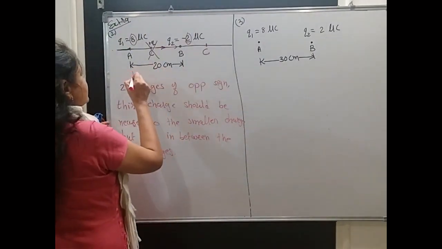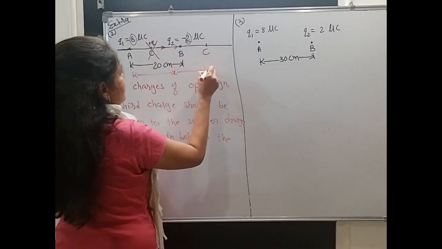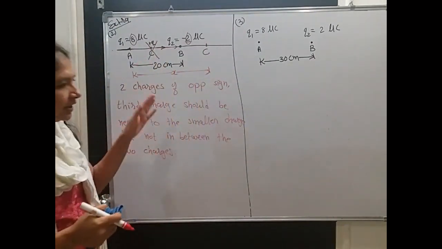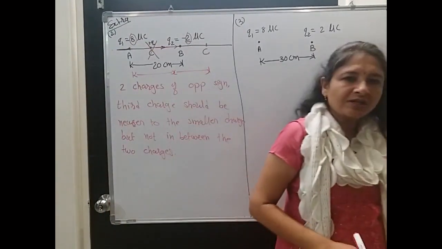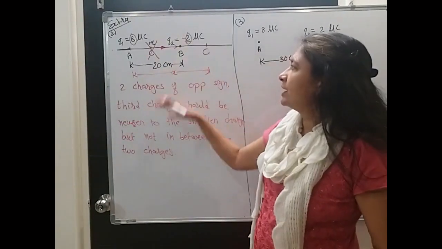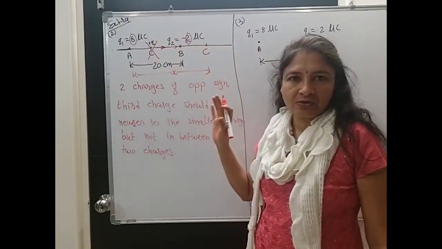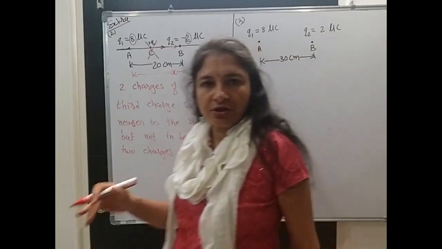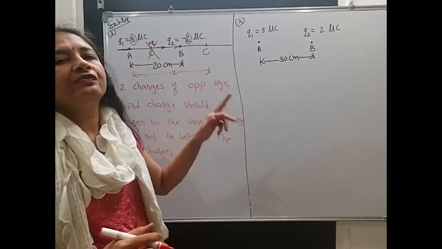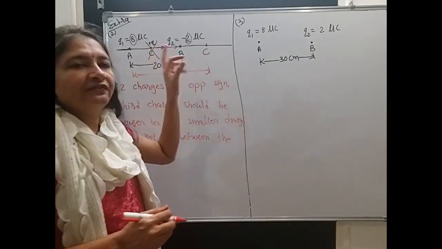Suppose I have placed it at a distance x from point A. Now using our original, long method, you can find the distance x. But there is a shortcut with the help of which we can find the answer very quickly.